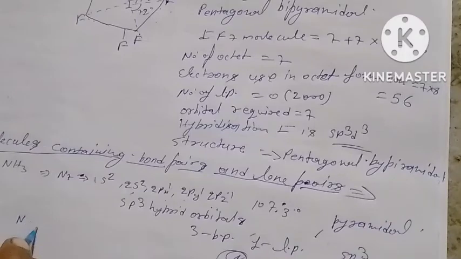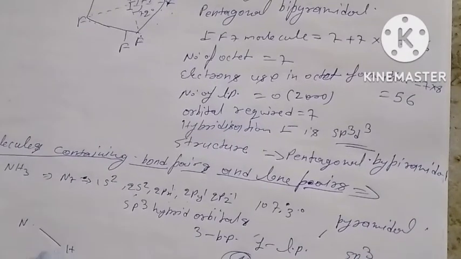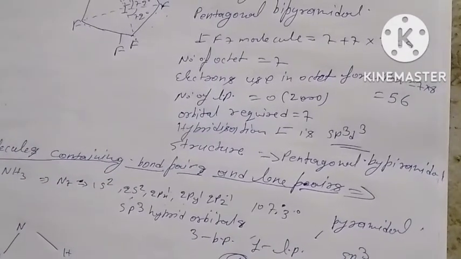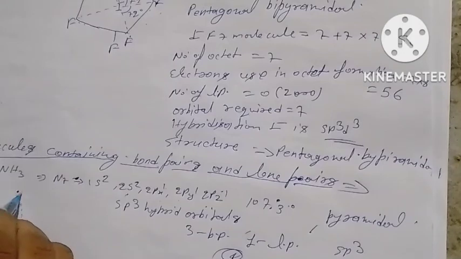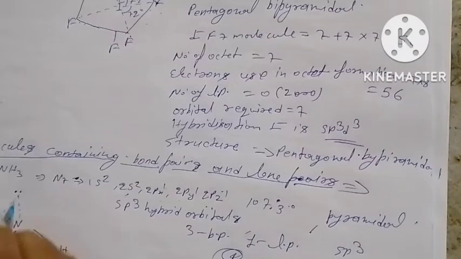This is the ammonia, with hydrogen 1, hydrogen 2, hydrogen 3, and 1 lone pair on nitrogen.